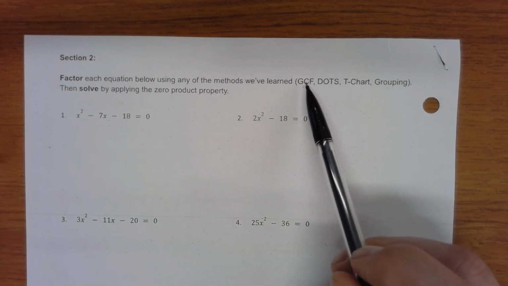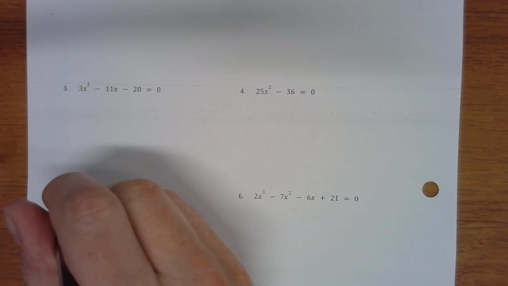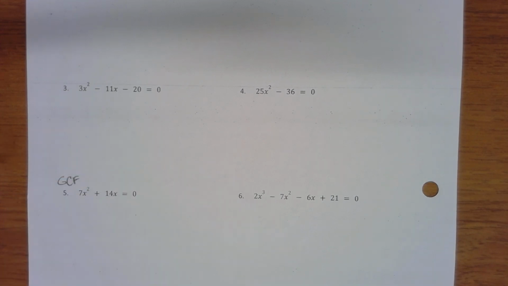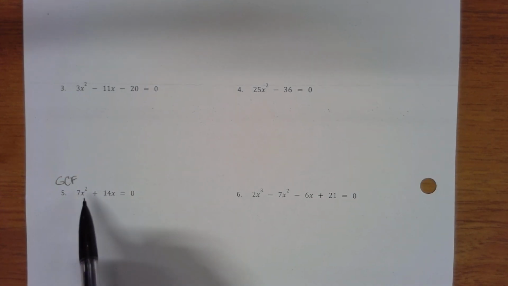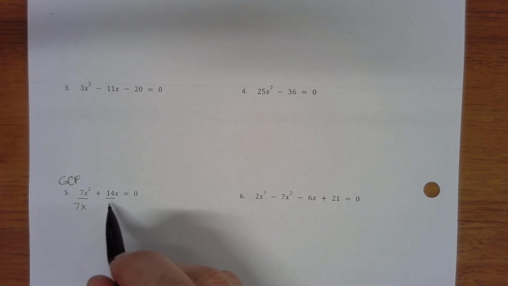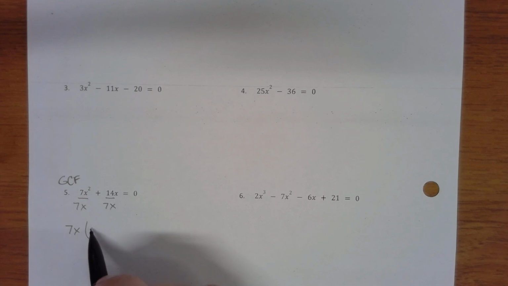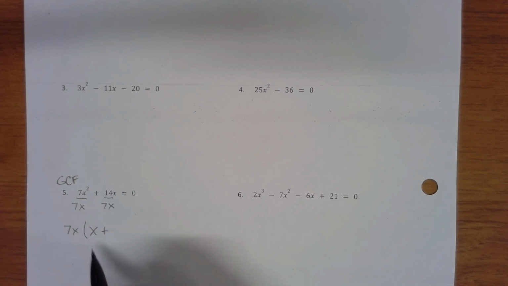Let's find an example that's greatest common factor. There are a few that are on here. Number 5 is a greatest common factor example or exercise. With the two terms, there is a number and a letter that can be factored out, 7x. When you reduce each of these fractions, they become x plus 2 equals 0.